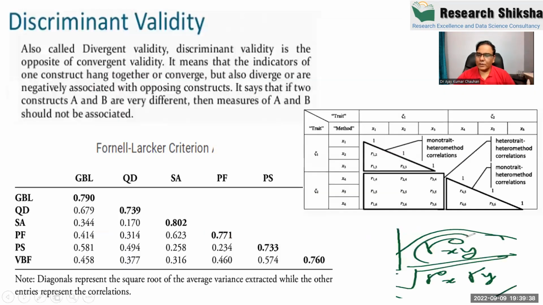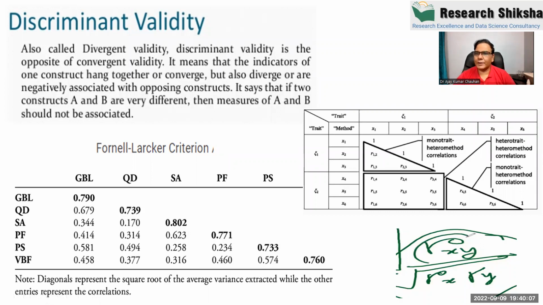So we calculate the ratio like this. In the numerator, the value is Rxy, the correlation of one construct with the other, which is the hetero part, upon Rx into Ry, the correlations within X and within Y. So this ratio is known as heterotrait-monotrait.